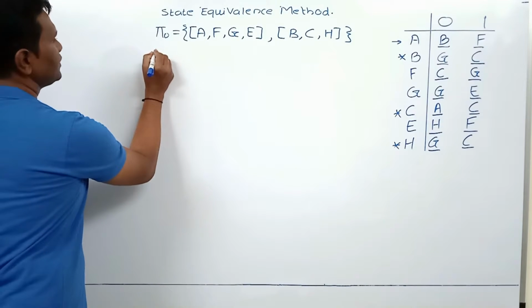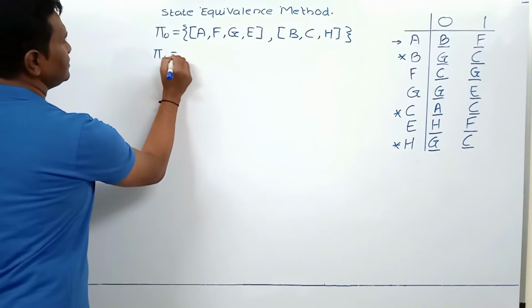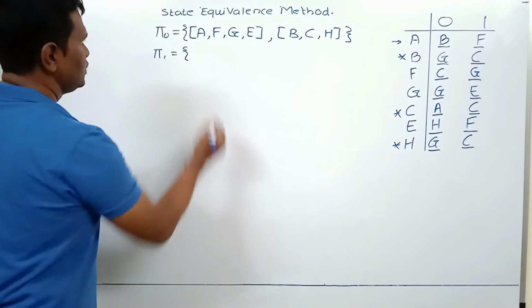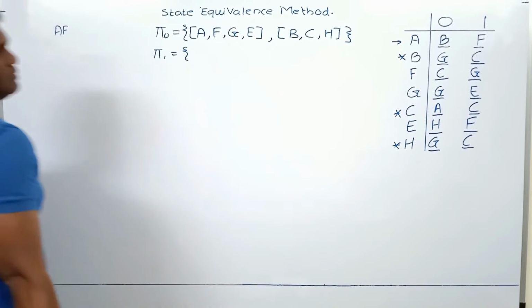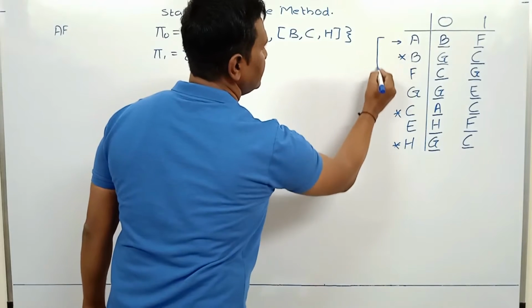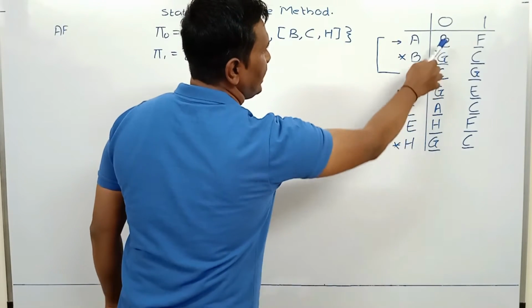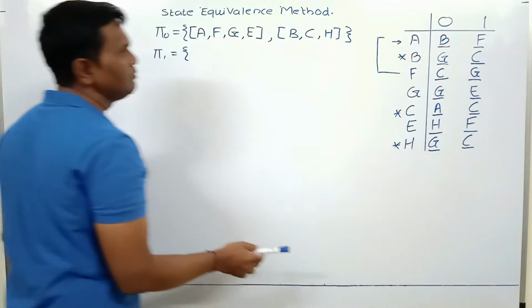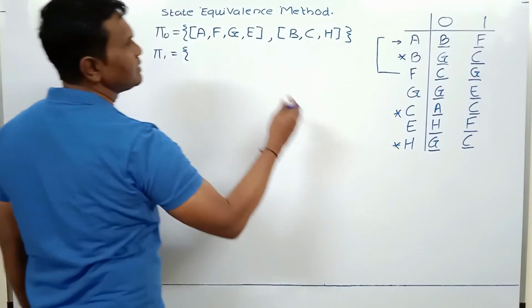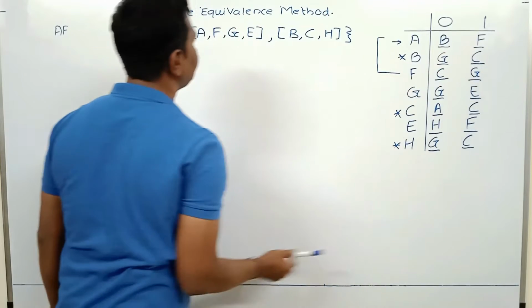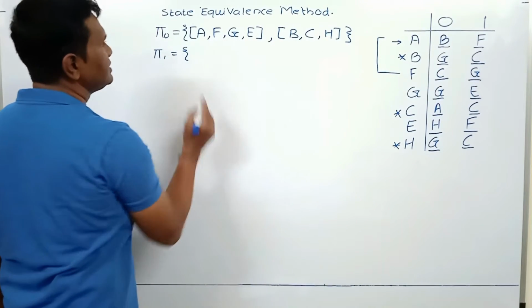Now consider one equivalent. Let's start with A and F. We have to check whether B and C are in the same group in zero equivalent. B is here, C is here. Then F and G: F is here, G is here.